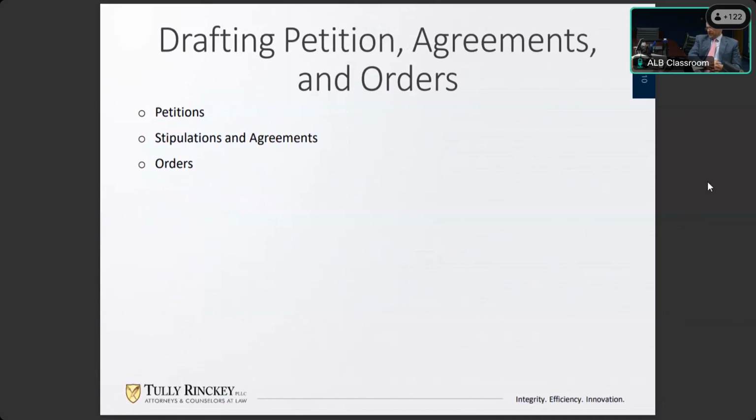You go back to look at your deviation factors and you put in there why you're deviating. Also, it's very important when you do your agreements or stipulations, you have to set forth and spell out in detail, like we looked at earlier, what both parties' incomes are. You have to actually put that right in there.